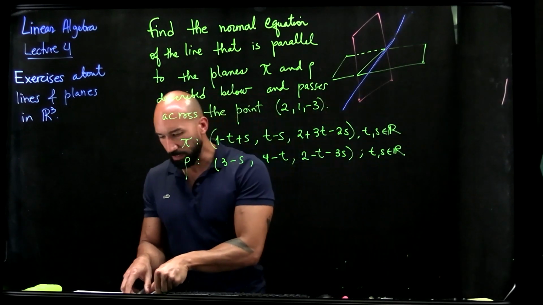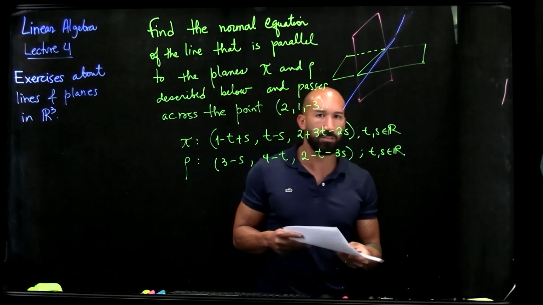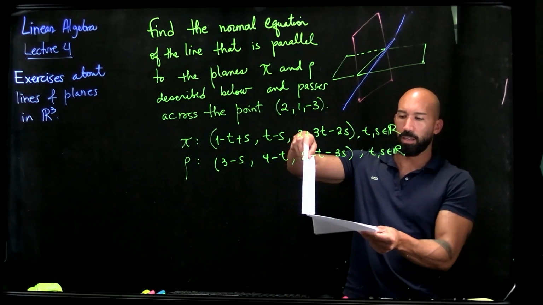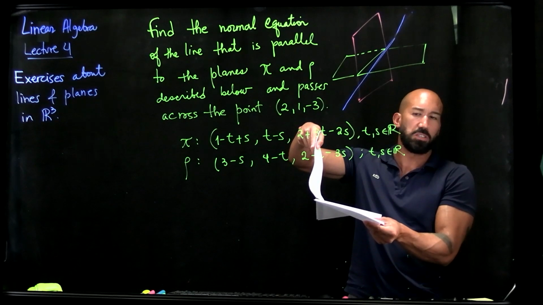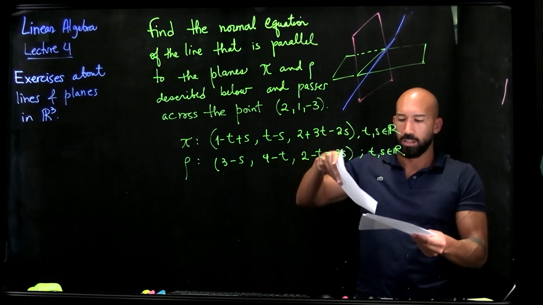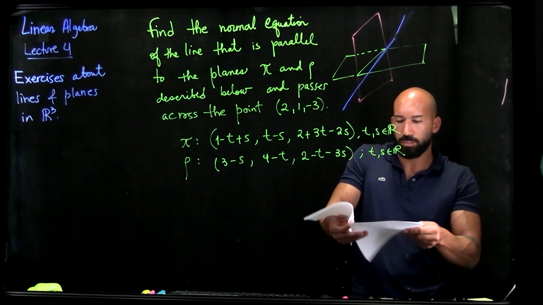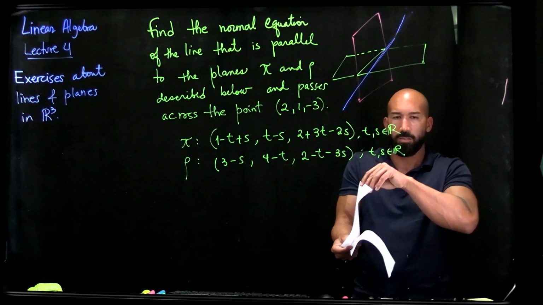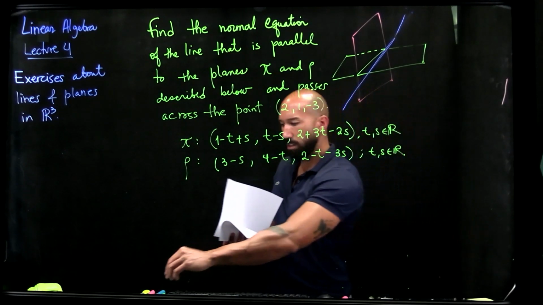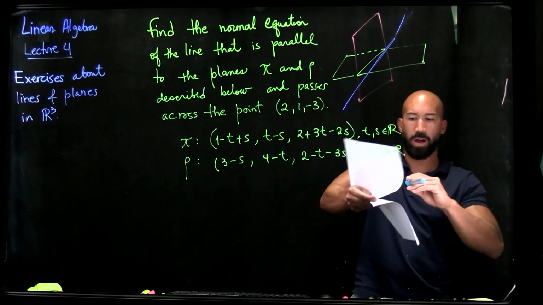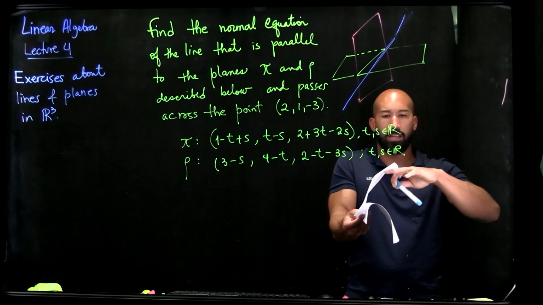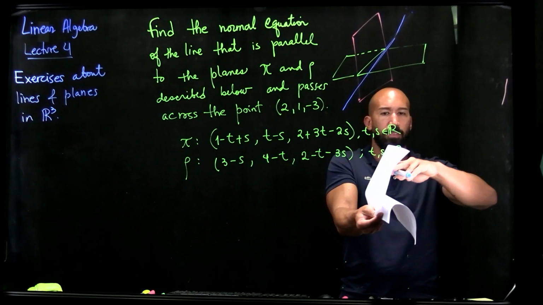Okay, so what we have is something like this. Two planes. I'm putting 90 degrees as the angle between these two planes, but it doesn't necessarily have to be 90 degrees. It doesn't matter what the angle between them is. It's not the same plane. And we have a line that is parallel to both of them.